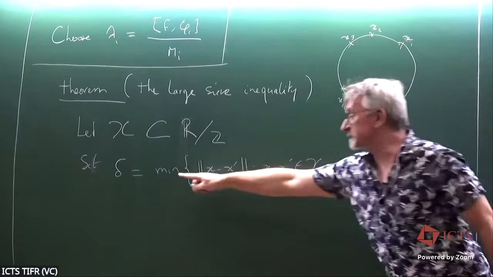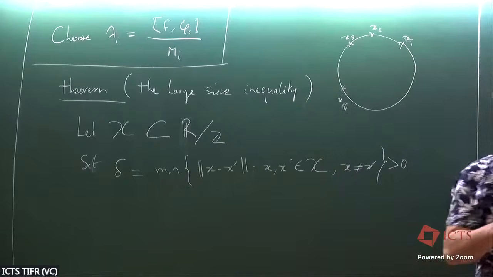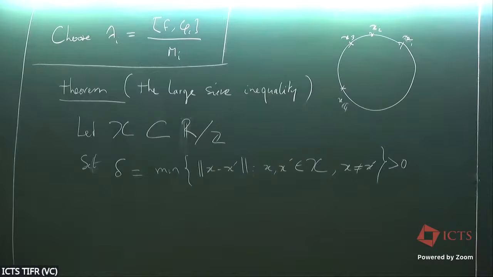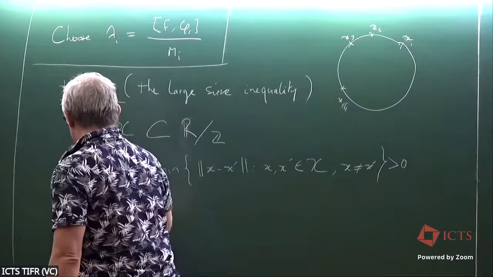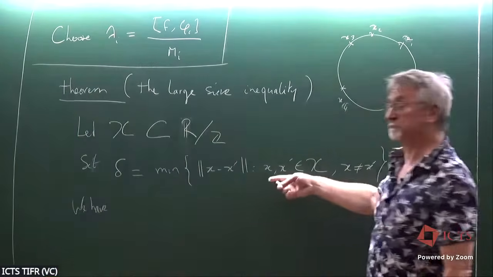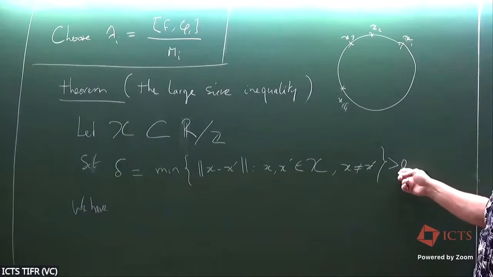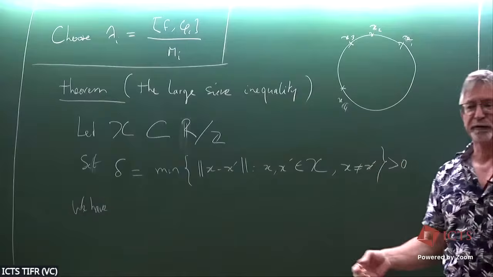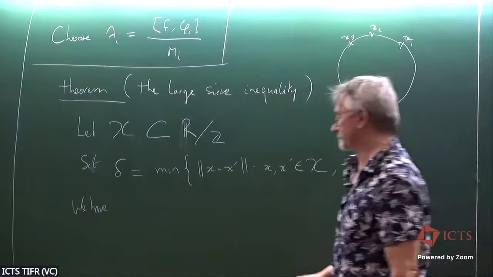I'm assuming that this delta is positive, and the bigger it is, the more precise is going to be my inequality. Yeah? It's forcibly finite. If delta is positive, you can have at most 1 over delta or 1 over delta minus 1 points.